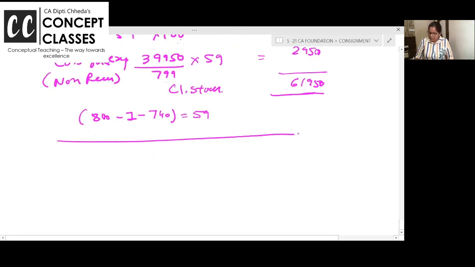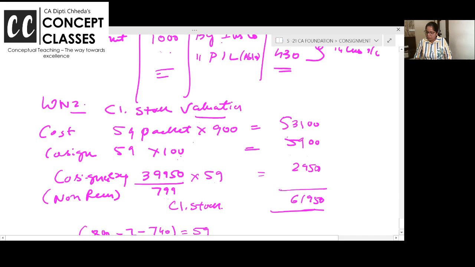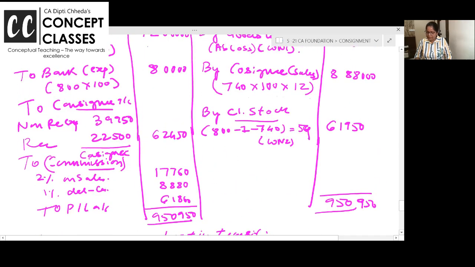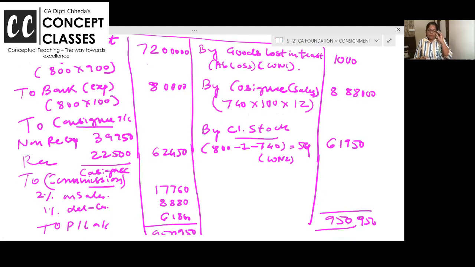Excuse me, ma'am. Yeah, please ask. Pucho. So consignment account. What, dear? Consignment account, ma'am. See where you have missed writing. Any doubt is there? Ask. Pucho. Write down.